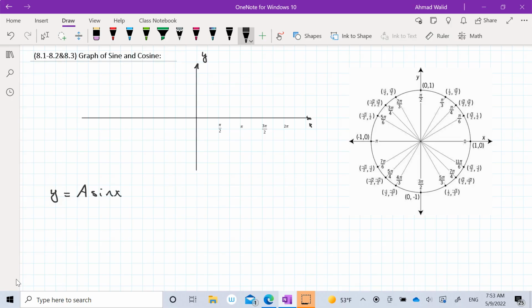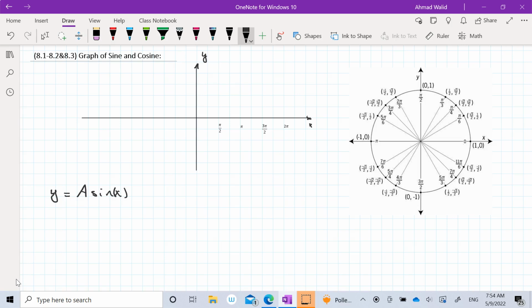We want to graph first this function. It means a basic graph for sine, because soon you will see everything will change when we add phase shift and vertical shift and a stretch, but first the basic graph of sine.